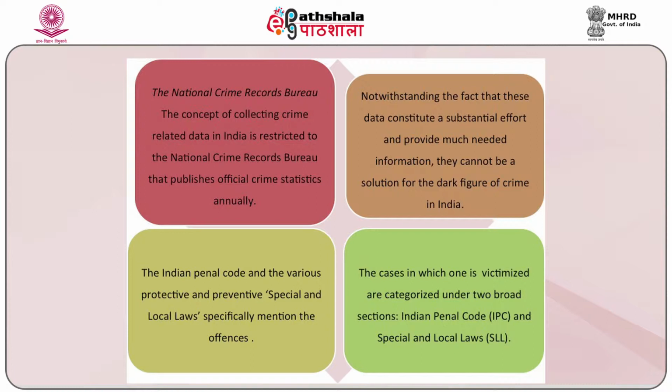Here, the crime records are collected from the District Crime Records Bureau, which then moves on to the State Crime Records Bureau, and then the figures are consolidated at the National Crime Records Bureau. So, the concept of collecting crime-related data in India is restricted to the National Crime Records that publish official crime statistics, and this is done annually.